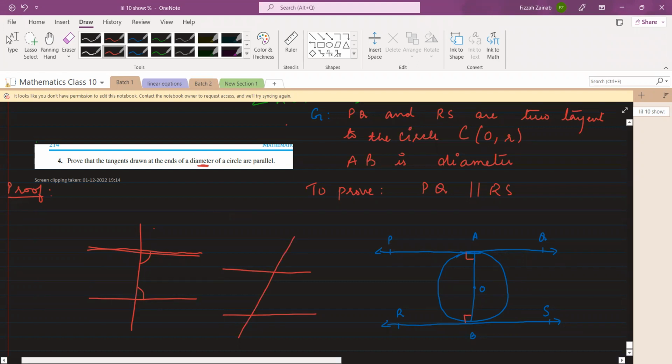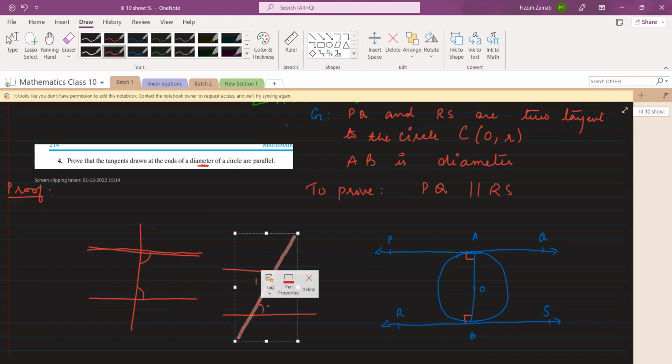So if the lines are parallel, we know that angle 1 is equal to angle 2. Why? Because they are alternate interior angles. You know this, right, Martin? And the converse is that if angle 1 is equal to angle 2, then the lines are parallel. Is that okay?